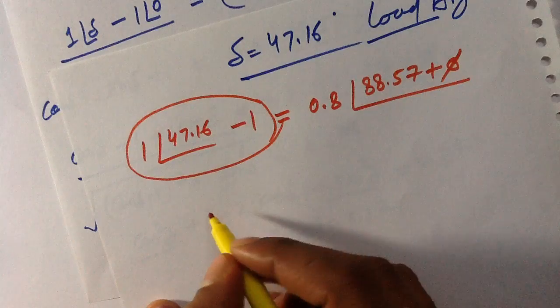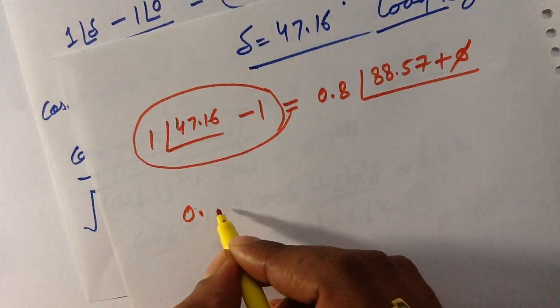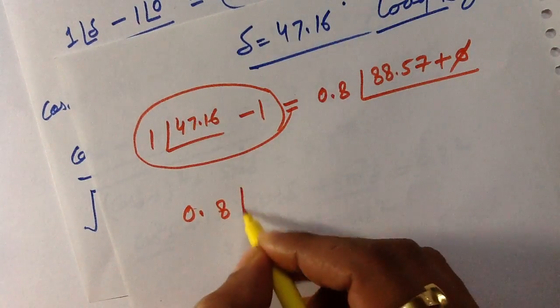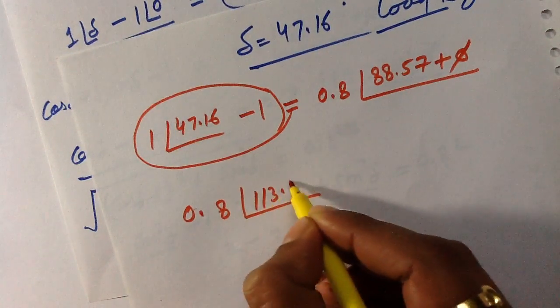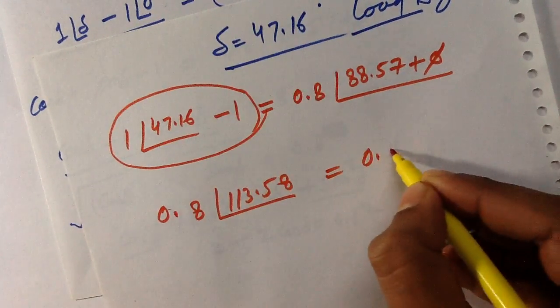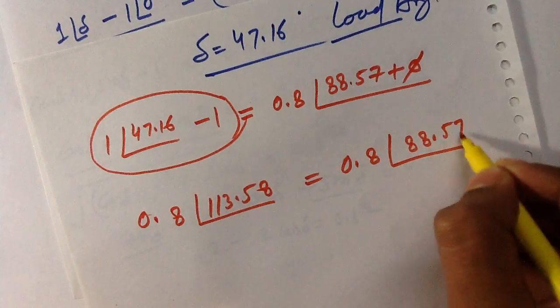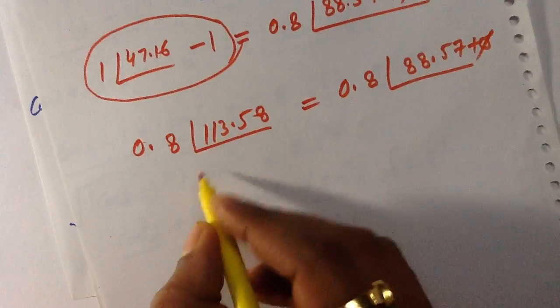If you convert the left hand side part into polar form, you will get 0.8 angle 113.58, and the right hand side is equal to 0.8 angle 88.57 plus 5.